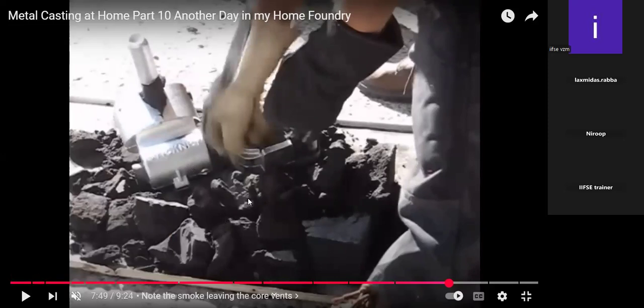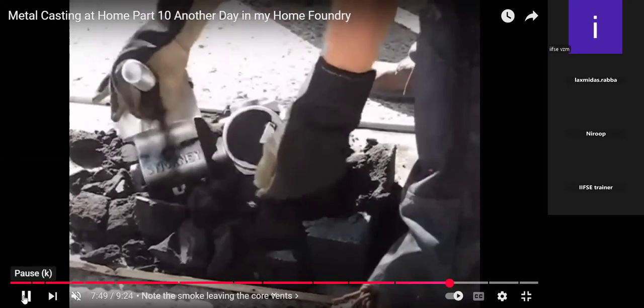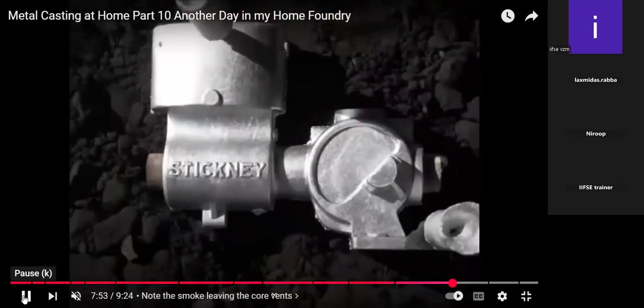Once you have poured, you will take out the sandbox. The removal process of the sand, the mold around the part, is nothing but knockout. Now the sand is removed.